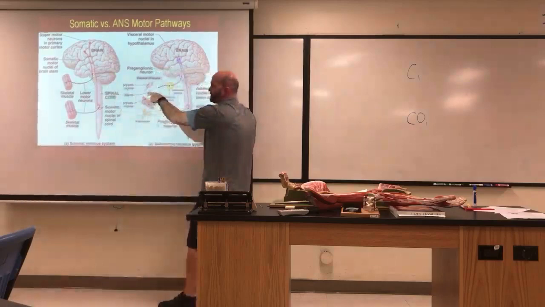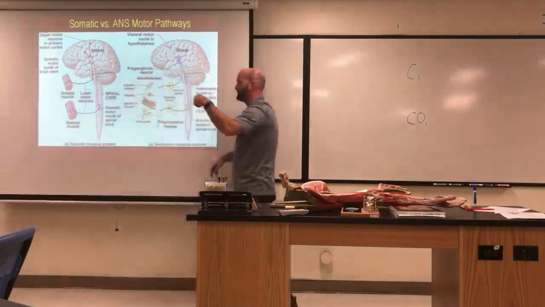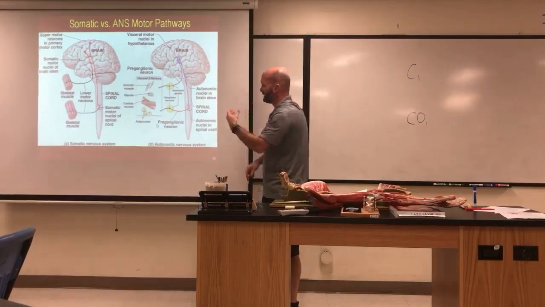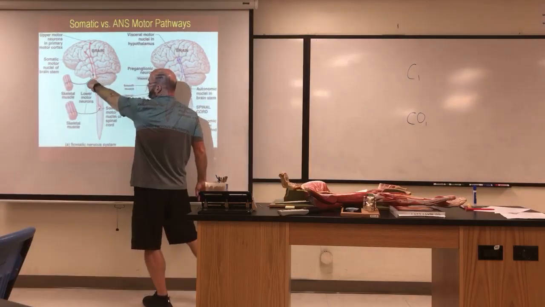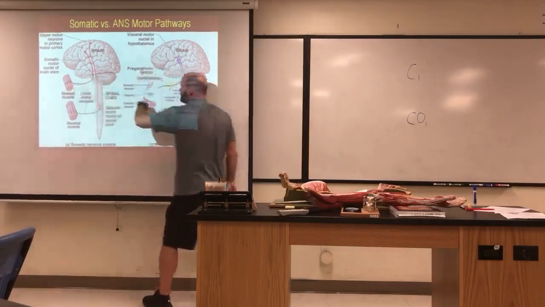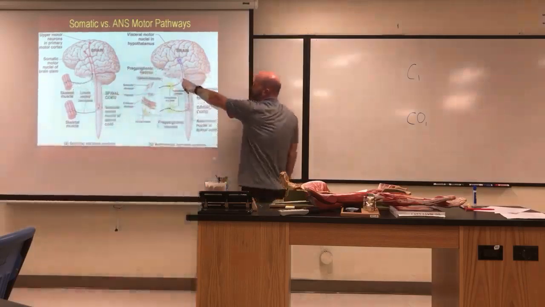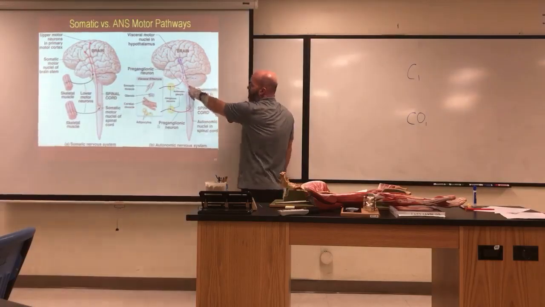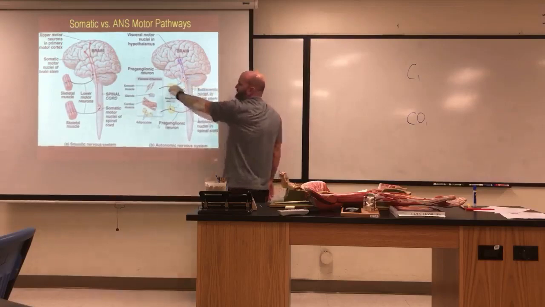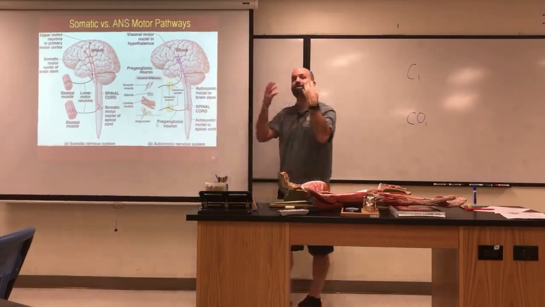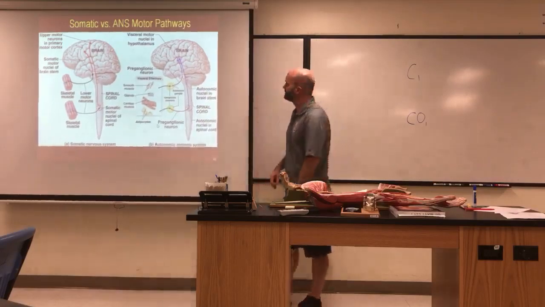If the lower motor neuron that's controlling the skeletal muscle is controlling a muscle of the head or neck, the cell body is going to be in brainstem nuclei, the axon is going to pass through cranial nerves. Same thing here. If the cell body of the preganglionic neuron is in the brainstem nuclei, then its axon is going to pass through a cranial nerve, and the target is typically associated with the head or neck.